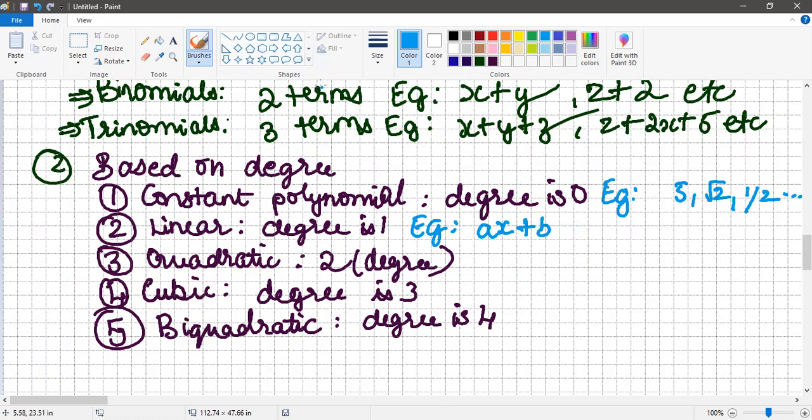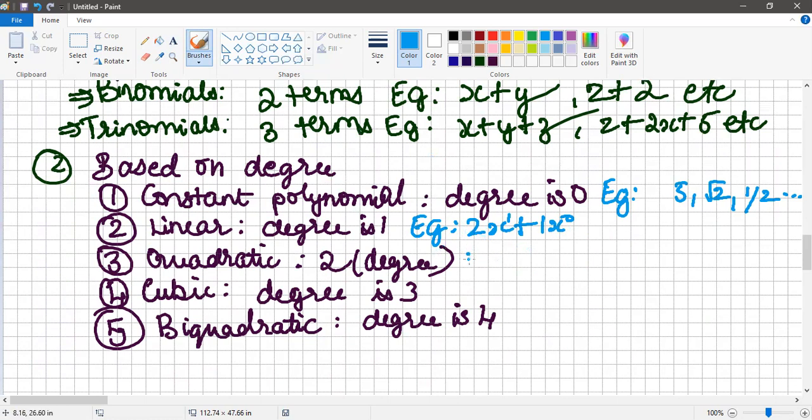This might be a little confusing for you, so we will take here, let's say, 2x plus 1. This is a very simple one. X has degree, the power 1, and 1 has x raised to 0. So, of course, degree is 1. Such an expression is called a linear polynomial.